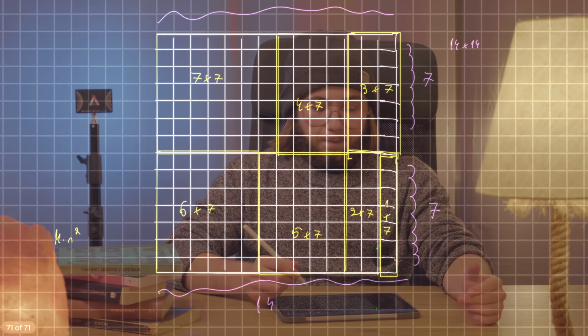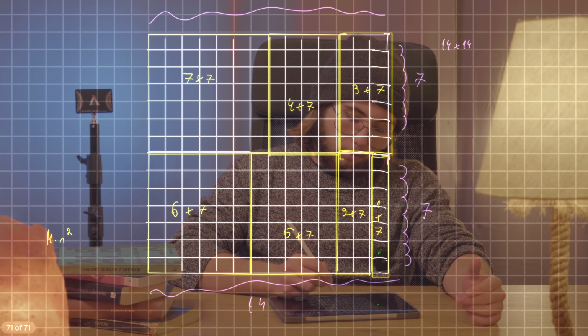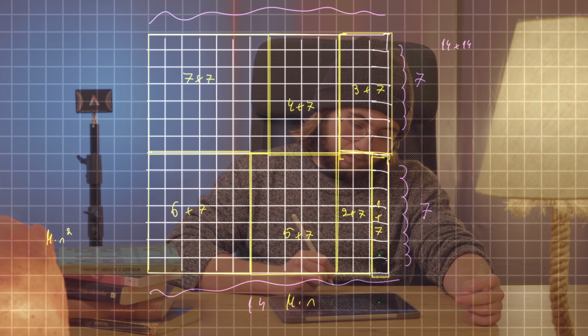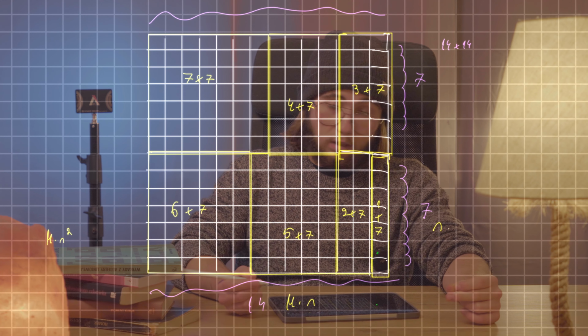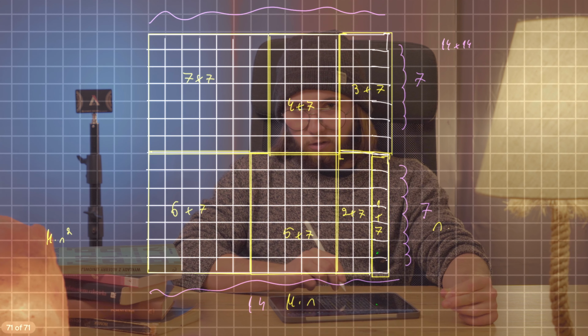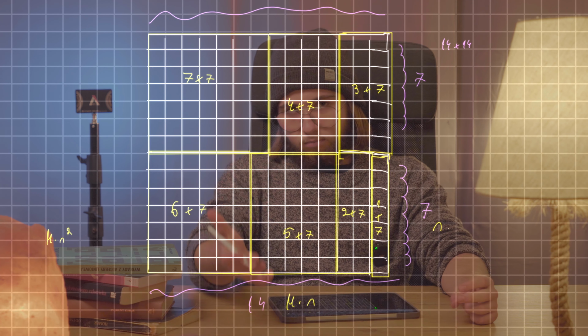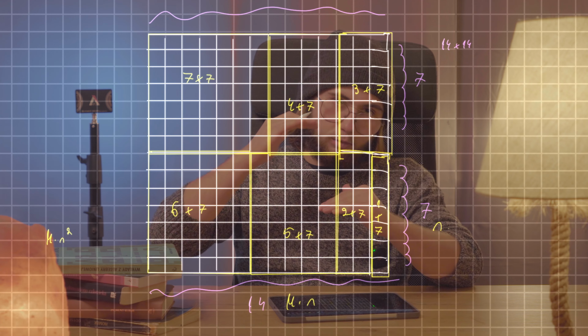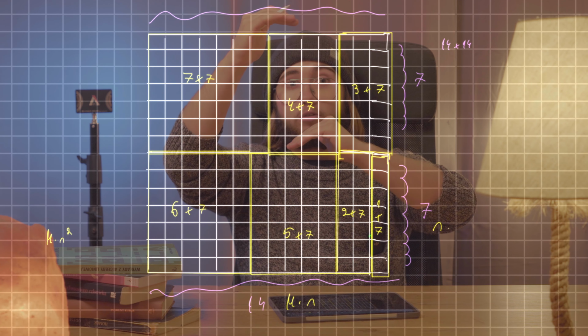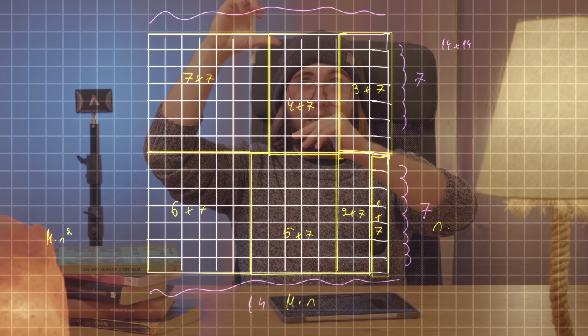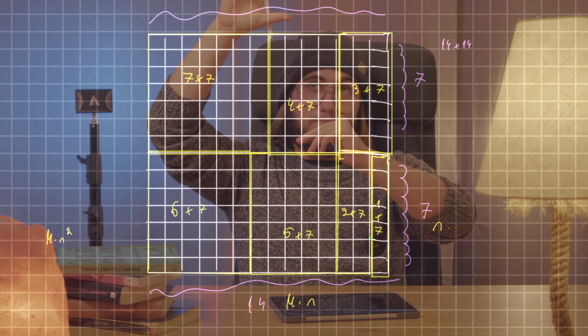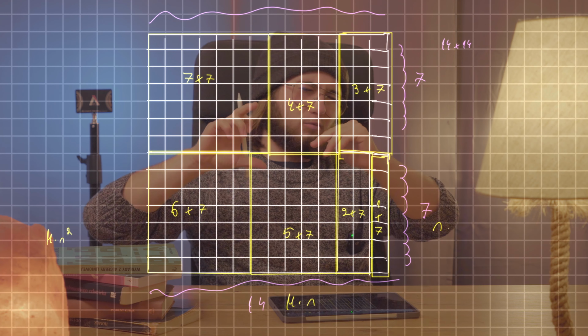Because if we have an area of kn squared in a group, with length kn on the longer side and n on the shorter side, then when we have k of those groups we will be able to stack them onto each other, getting k multiplied by n rows.